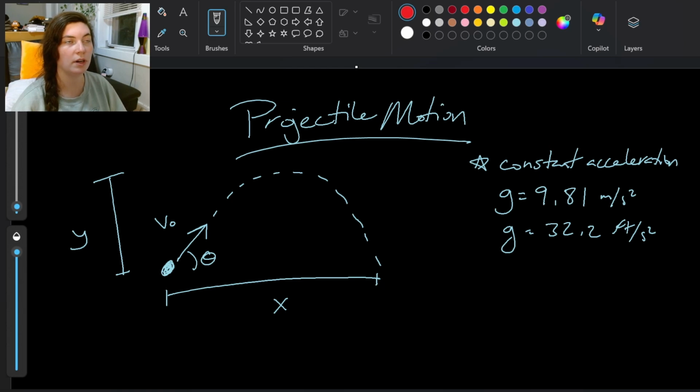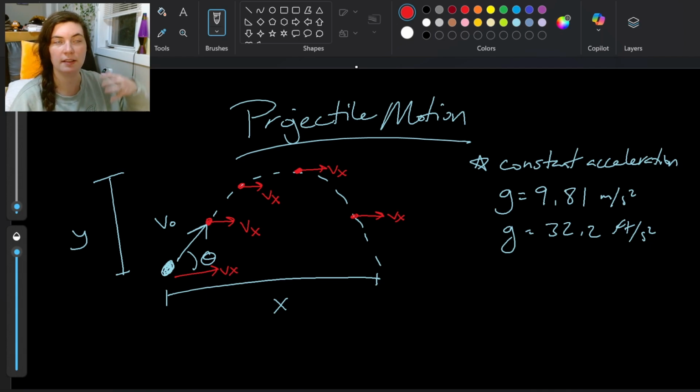Now, for example, in the x direction, if I look at my ball at any point on this curve, anywhere that this thing is traveling, my Vx is always the same. Velocity in the x direction for projectile motion is always going to be the same as where it left that ball position, right?